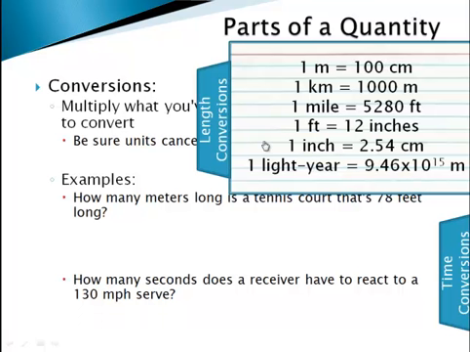But each of these facts, each of these conversions could be written as a unit fraction. For instance, the top one there, 1 meter per 100 centimeters. You could write that as the fraction 1 meter per 100 centimeters, or you could write it as 100 centimeters per meter.